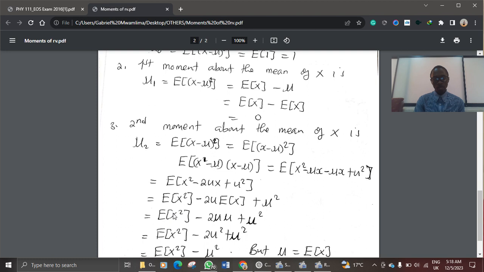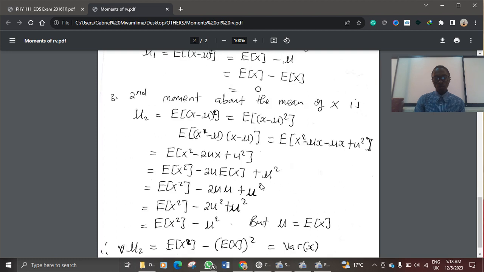Here negative 2 mu times mu gives negative 2 mu squared, plus mu squared. These are like terms, so negative 2 mu squared plus mu squared gives negative mu squared. So we have the expectation of x squared minus mu squared. But mu is equal to the expectation of x.